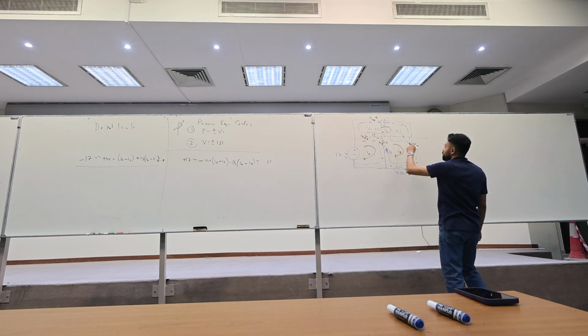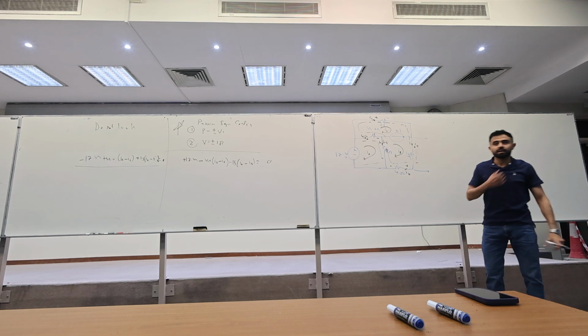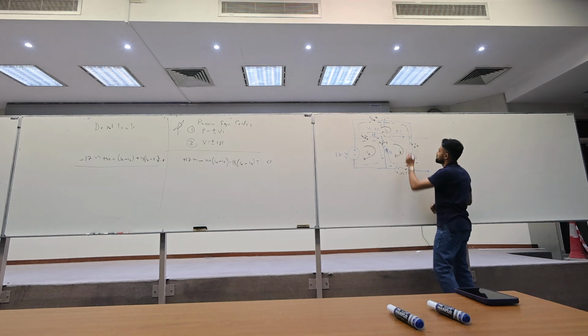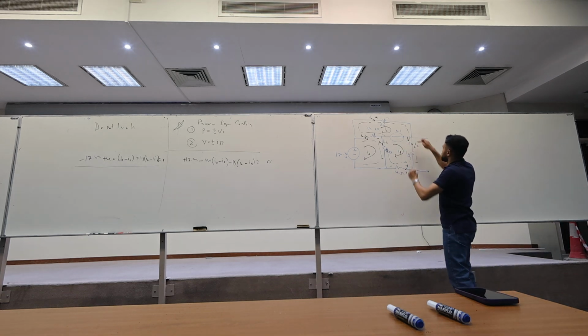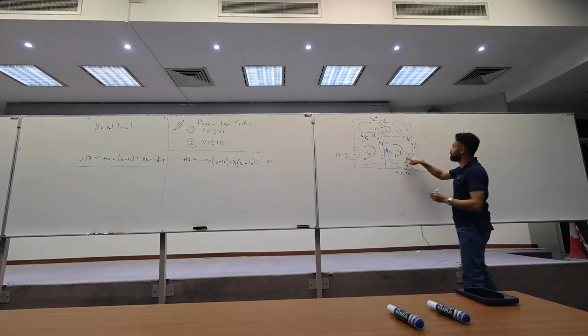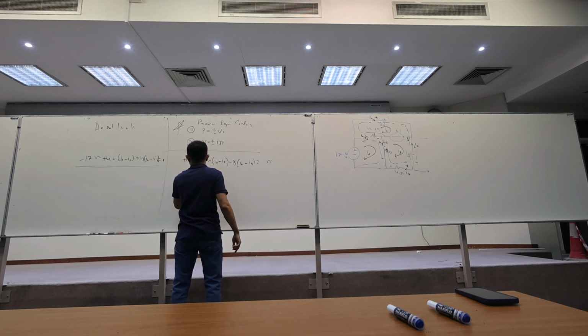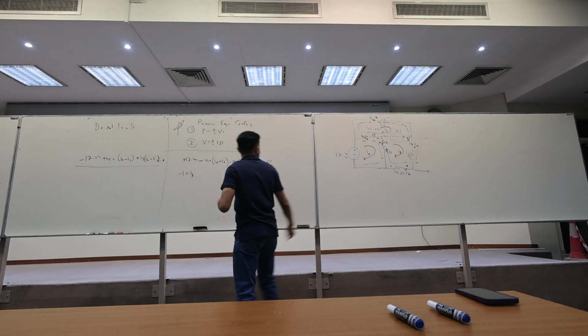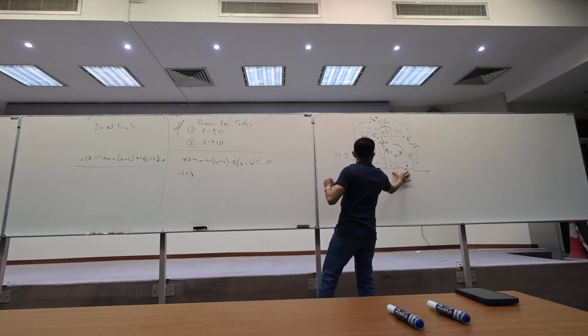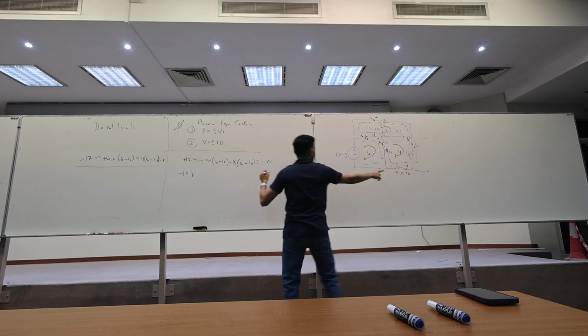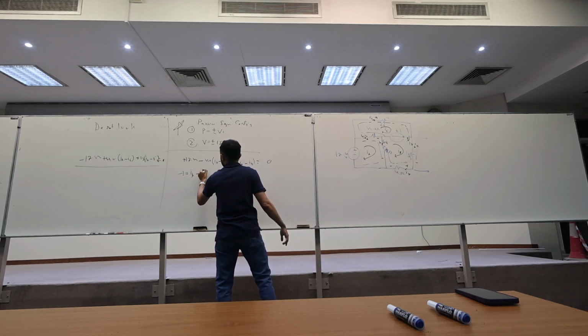It starts from where? Who wants to be the KVL? You. You're here. What should we do? This is 10 ohm. Minus drop. Minus 10. What's the current? IB. Minus 4 IB.